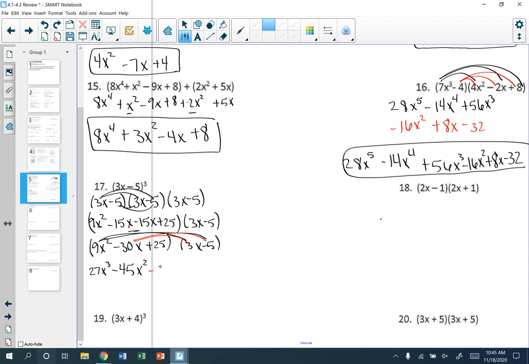So here I get negative 90x squared, and then plus, that is 150, I believe. 30 times 5 is 150x. Now I move on to my 25 and distribute that.